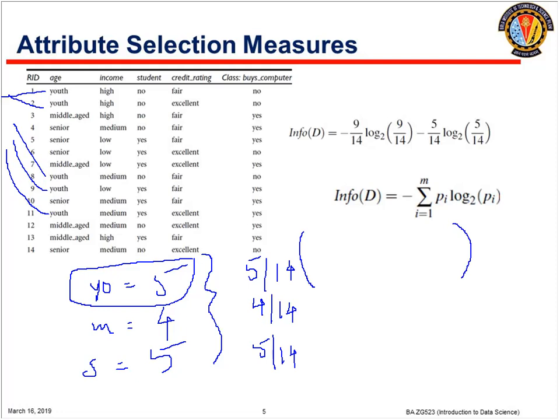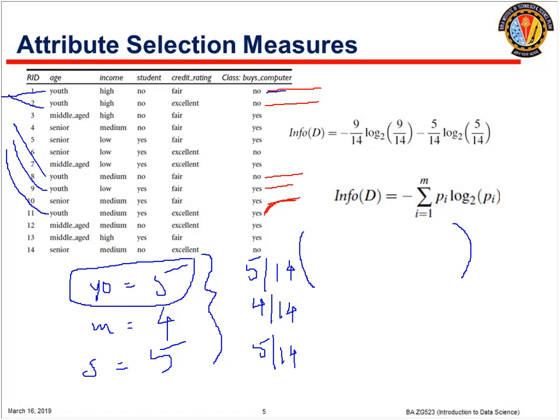Now you'll only consider those examples that have youth in them. So the first example has youth, the second has youth, then the 8th, 9th, and 11th. These are the 5 examples which have youth.